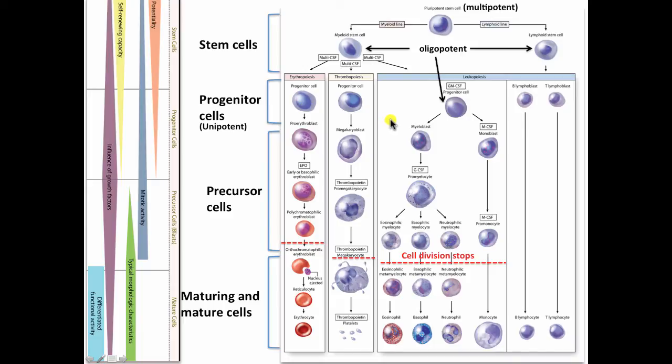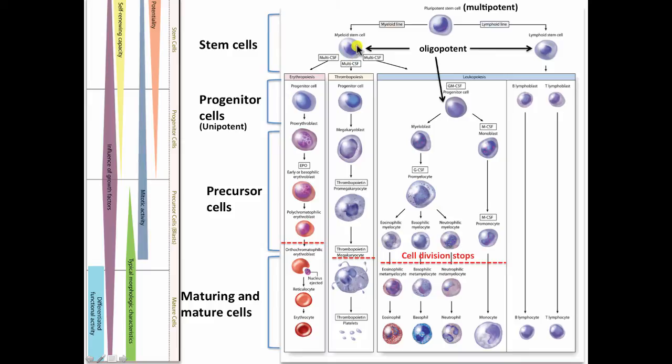So I would like you to know for the exam the difference between a pluripotent or multipotent stem cell and an oligopotent stem cell. A pluripotent stem cell can give rise to all the cells that are produced in bone marrow. Oligopotent stem cells are restricted.